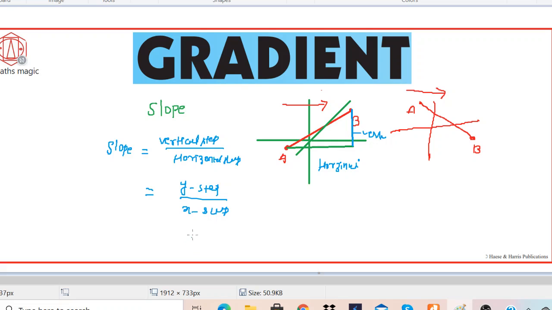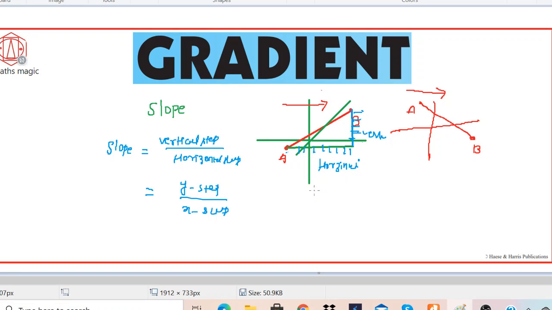When I'm saying y steps and x steps, I just told you that if you have this Cartesian system and over here let's say this is marked with different blocks, how many blocks you have to move from this point A towards B vertically. Okay, this is vertical. So the vertical steps divided by the horizontal steps which you are taking, the x steps.